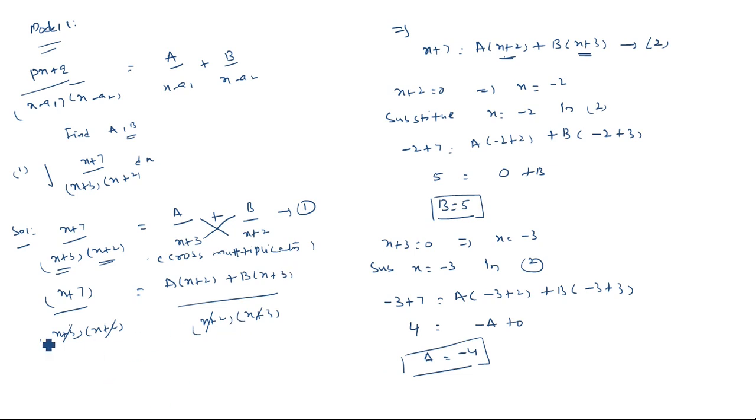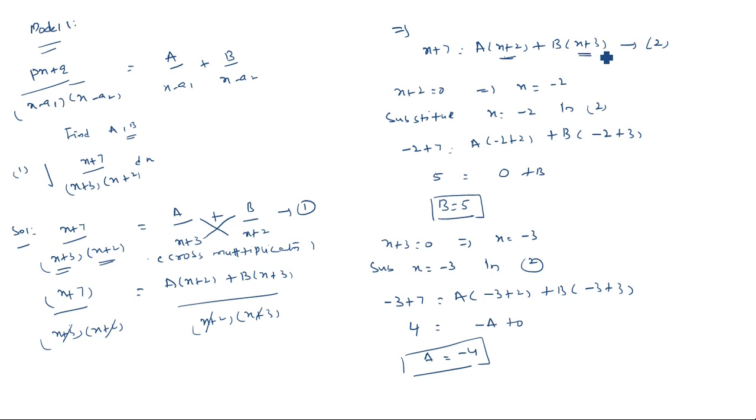X plus 2 cancels, x plus 3 cancels. We get that x plus 7 is equal to a into (x plus 2) plus b into (x plus 3). Therefore, first we take x plus 2 equal to 0. Then we get that x equal to minus 2. Substitute x equal to minus 2 in this equation number 2. We get the value of b.